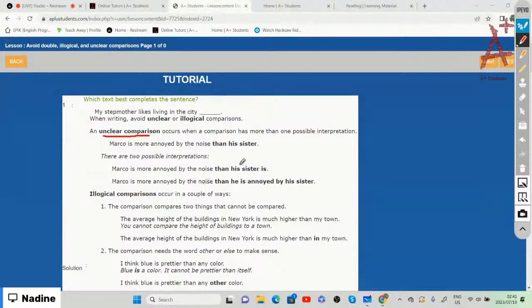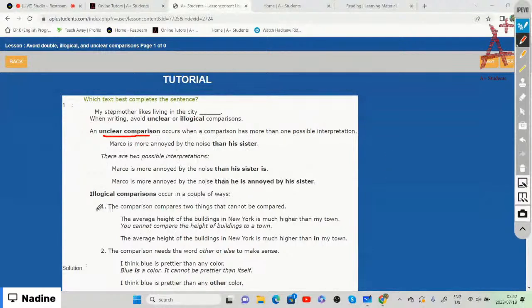So that is an unclear comparison because there is more than one possible interpretation of the sentence.